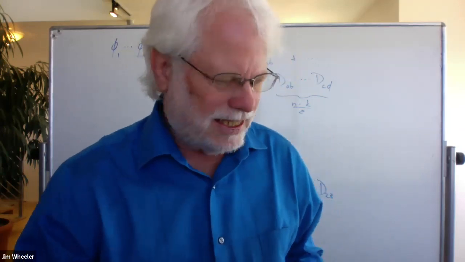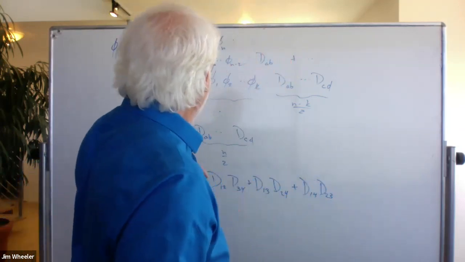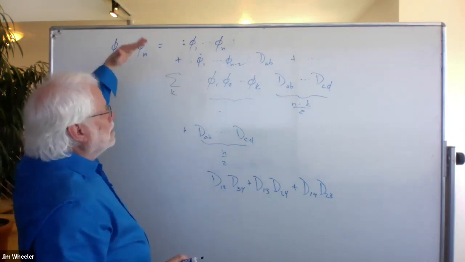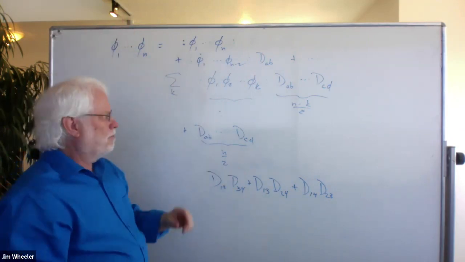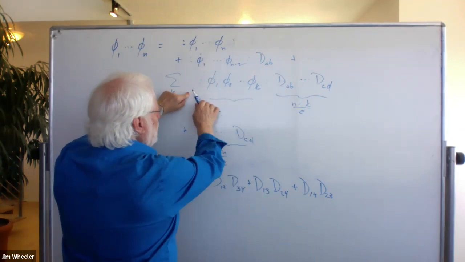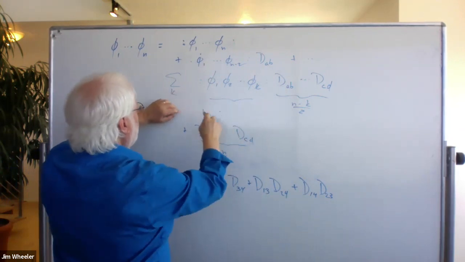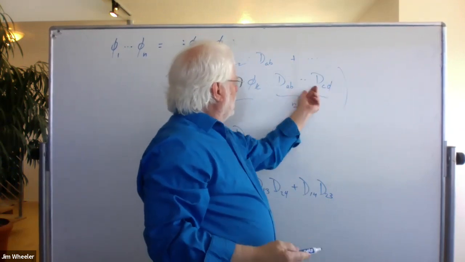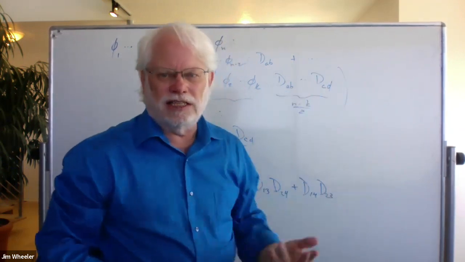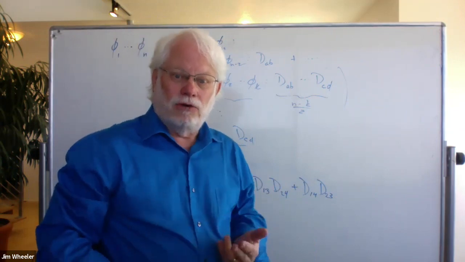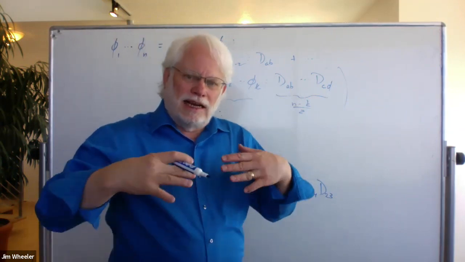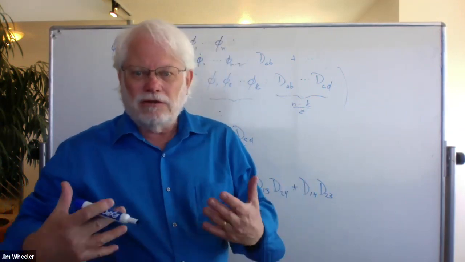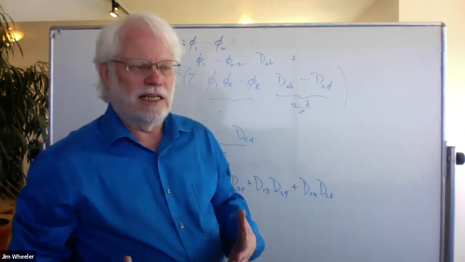And to see that that's really what has to happen, let's suppose it's true. Let's suppose that at each order k, we have a sum of terms where these pairs range over every possibility exactly once. Now we're going to do an iterative proof here, proof by induction.